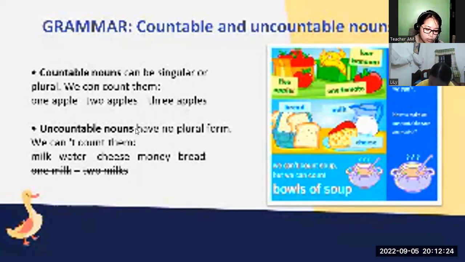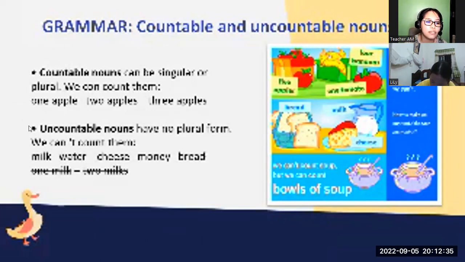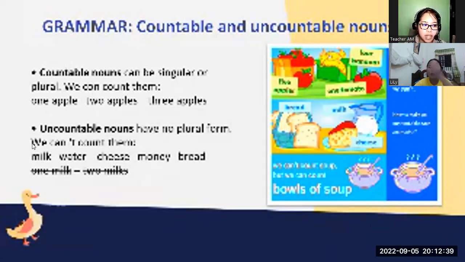We can count tomato with our finger. Then, uncountable nouns have no plural form. We cannot count them. Just like milk, you cannot count milk unless you put them in the glass or cup. Milk, water, cheese, money, and bread. We cannot count them.